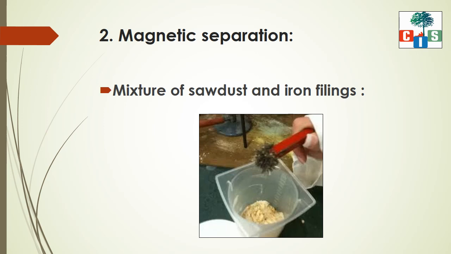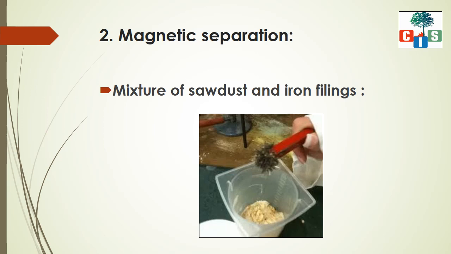So, how to separate the sawdust and iron filings? Iron filings means a very fine powder of iron. Now we know that iron is a magnetic substance. Magnetic means iron gets attracted towards the magnet. So instead of hand picking, what method can we use?